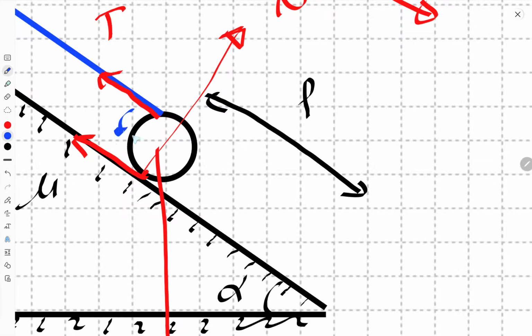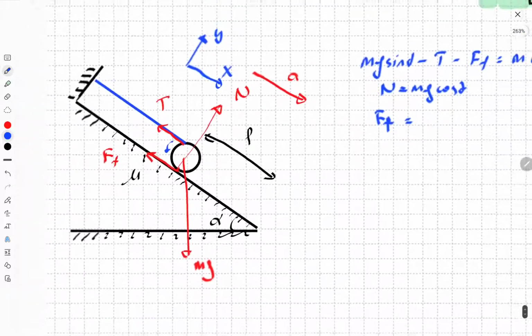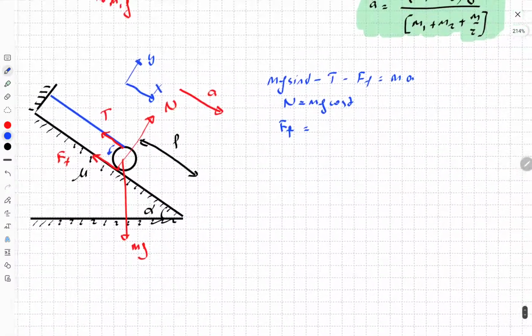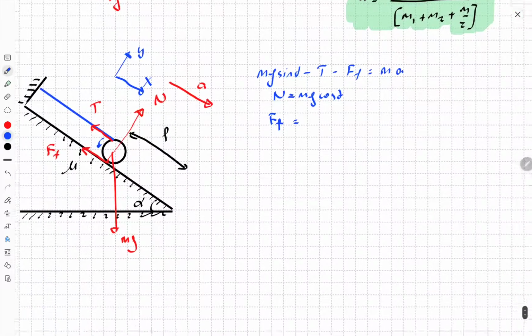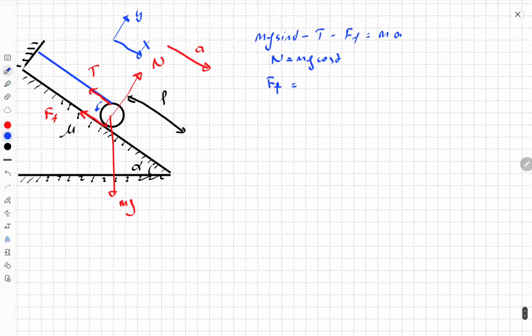So if it moves anti-clockwise, this point, it means sliding. If it's sliding, the friction force has already reached its maximum value. It means we can use this equation: coefficient of friction times normal force, or mu mg cosine alpha.